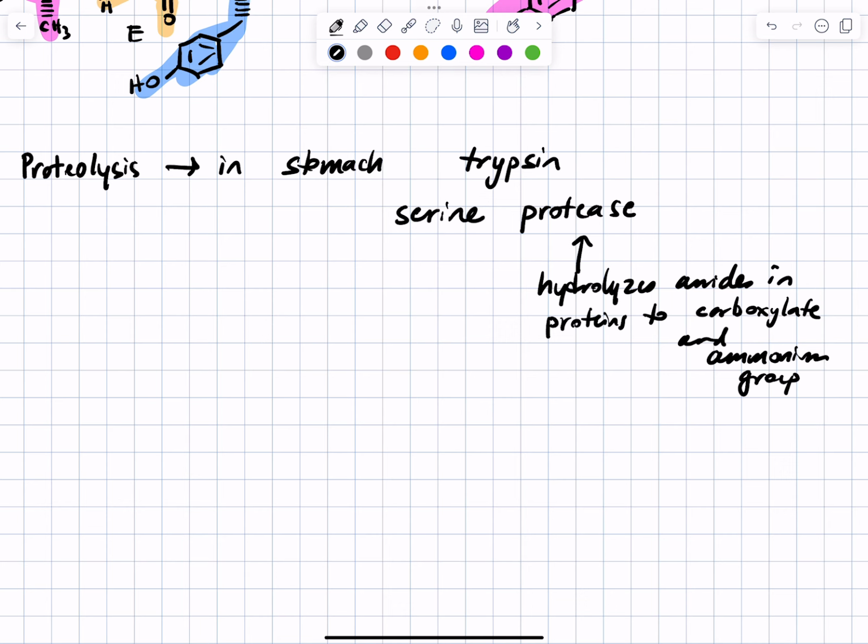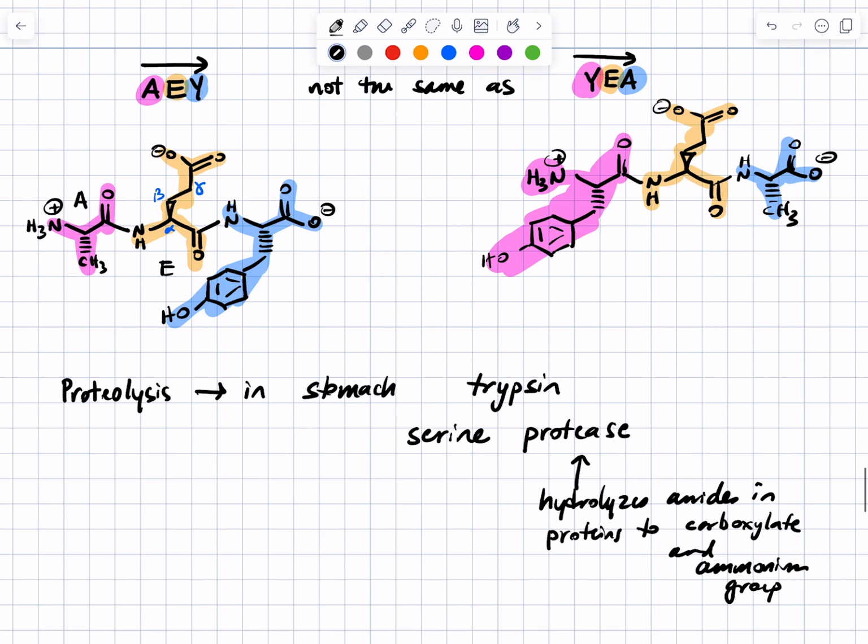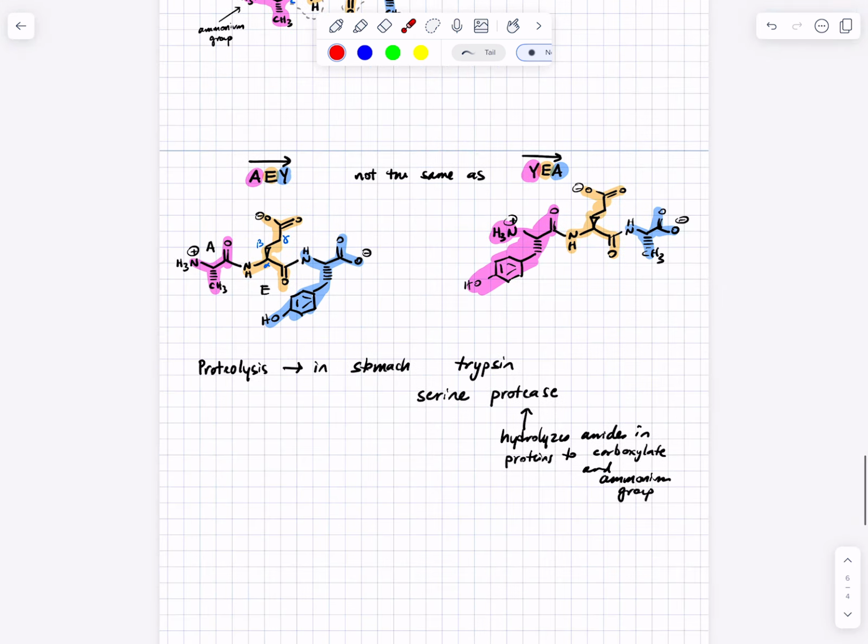So whereas we will later talk about how peptides and proteins are synthesized, now we're talking about degradation, which is going to be breaking the amide bonds in a peptide by adding water to liberate an ammonium group on one side and a carboxylate group on the other side.